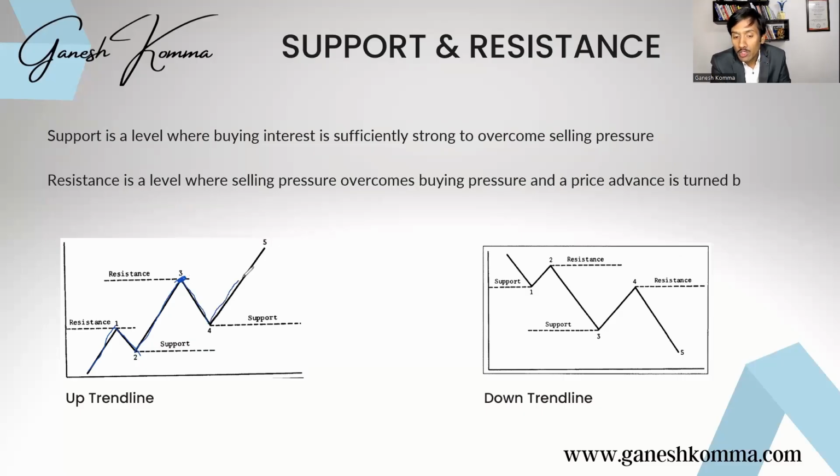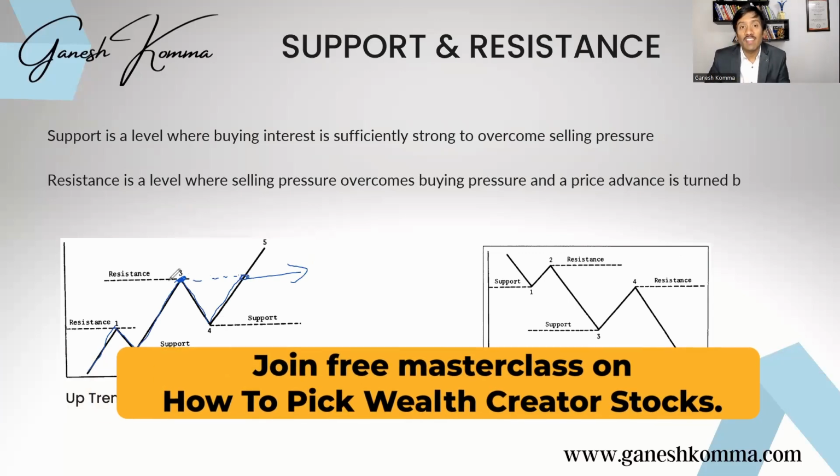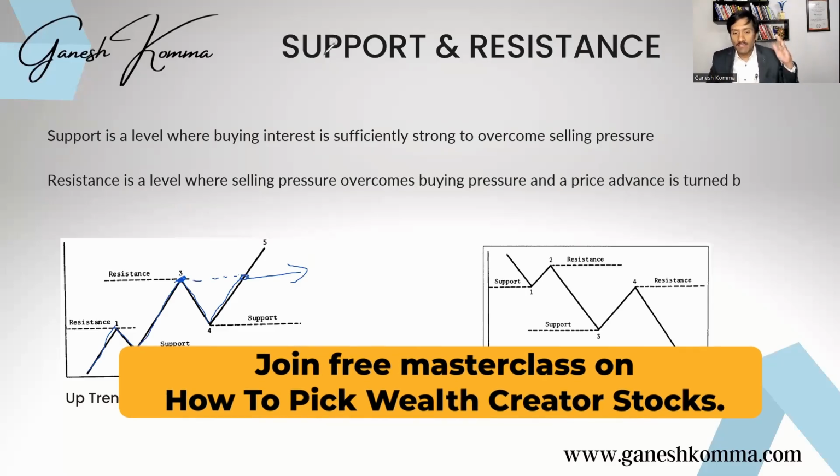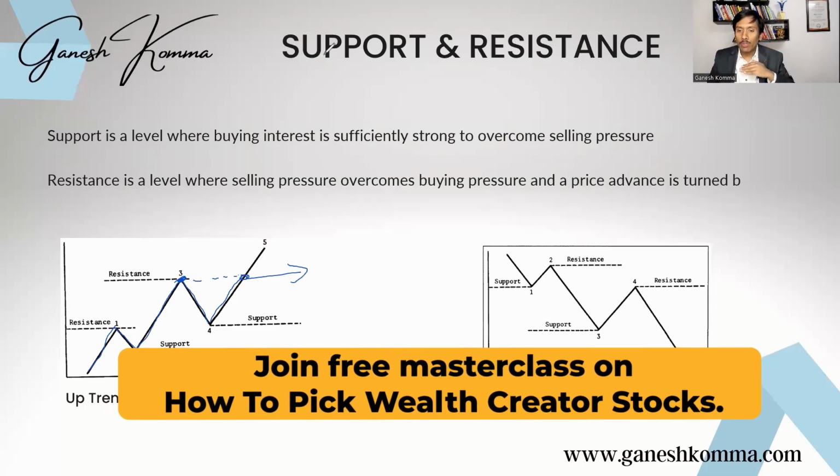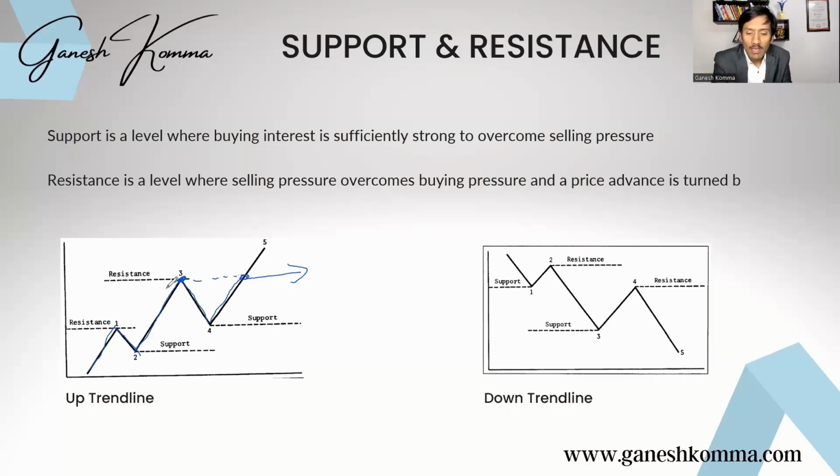Now whenever the stock is again able to cross this 3, at this juncture, this stock was able to cross its resistance. Means when it is able to beat down the sellers, it is a successful breakout, means the stock was able to overcome its resistance level.